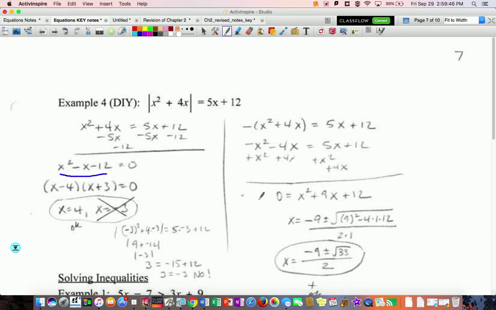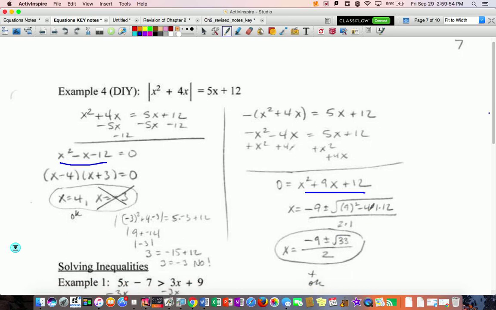You should have this quadratic and this one. And you'll need the quadratic formula for this one. And if you graph this, you'll see I think these two are working. The one that doesn't work is this -3.